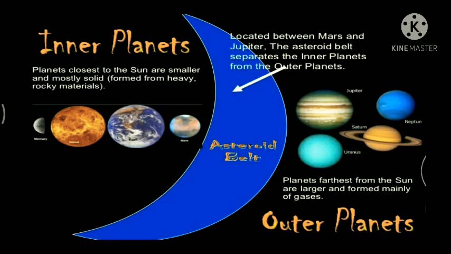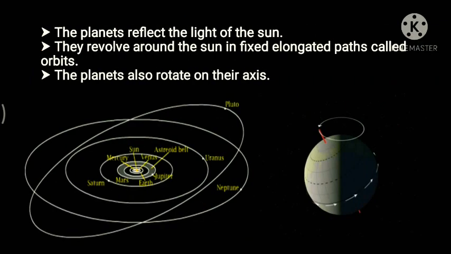Now all these planets do not have their own heat and light. Their main source of heat and light is the sun, so they reflect the light of the sun.